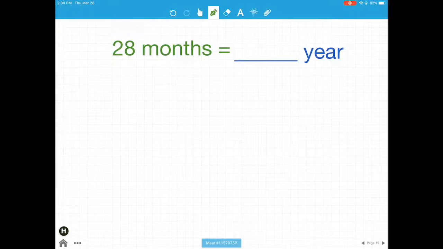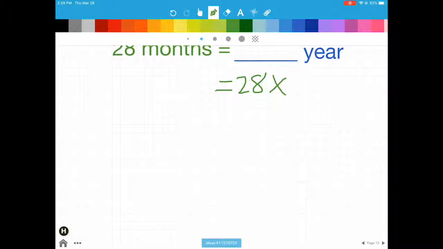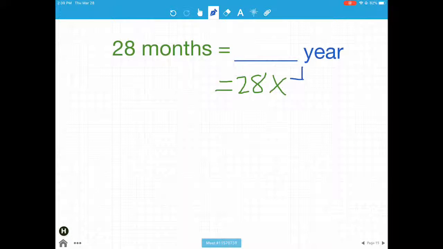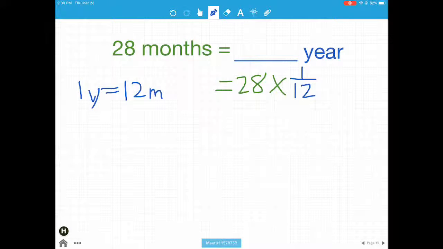So we have 28 times the fraction of a year, 1/12. Because 1 year equals 12 months. So we put that as a fraction. Okay?